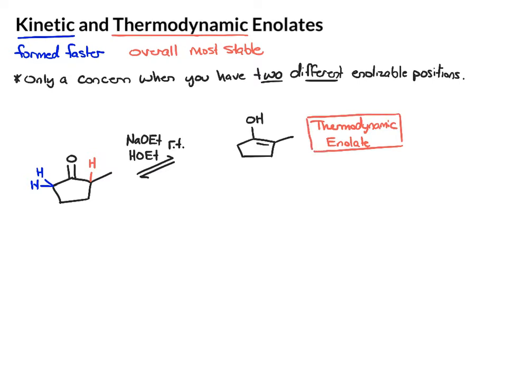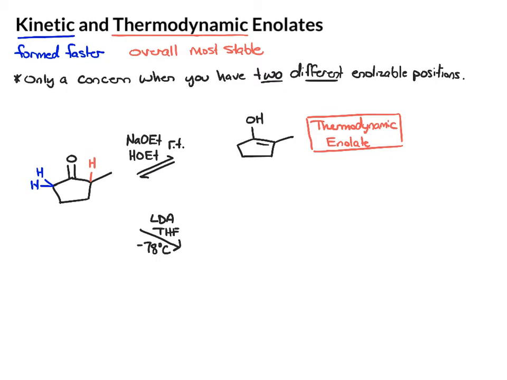Okay, on the other hand, if you use that strong bulky base that we talked about, LDA, when we use LDA, a lot of times you'll see the solvent written, which is usually THF, and this is done at low temperatures.